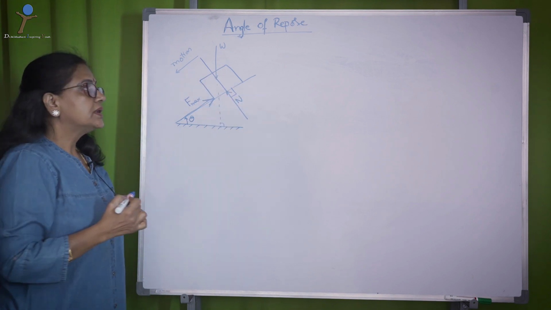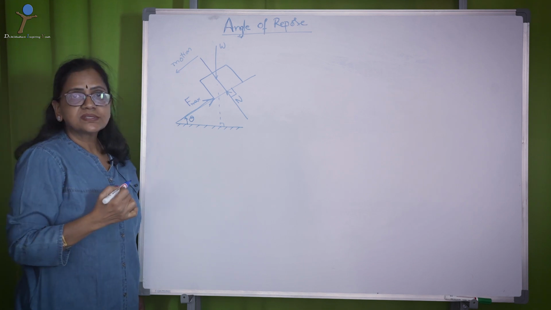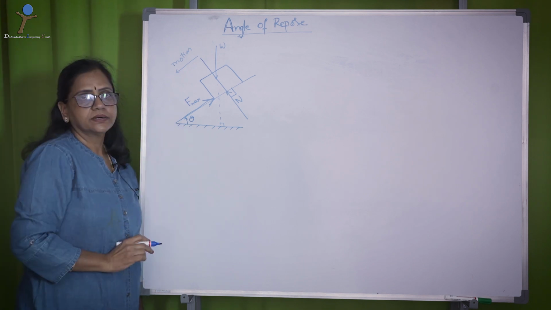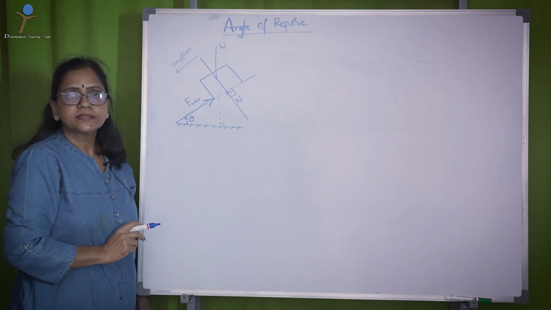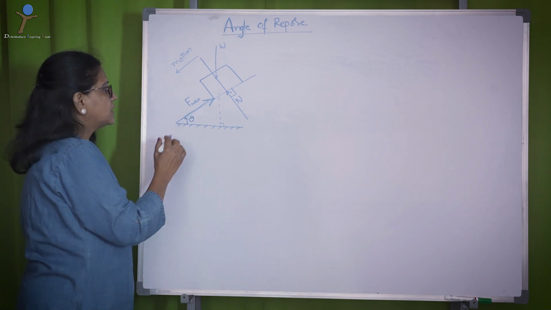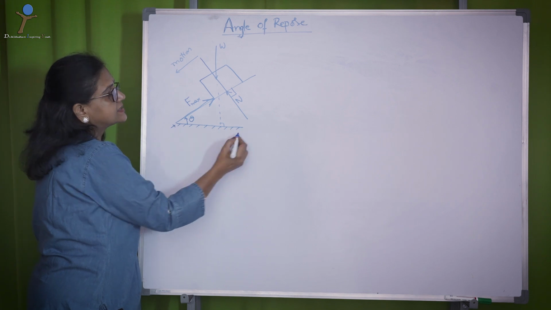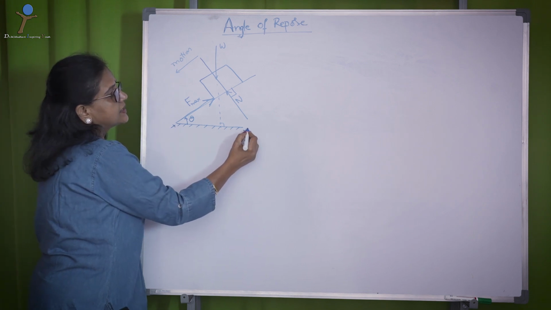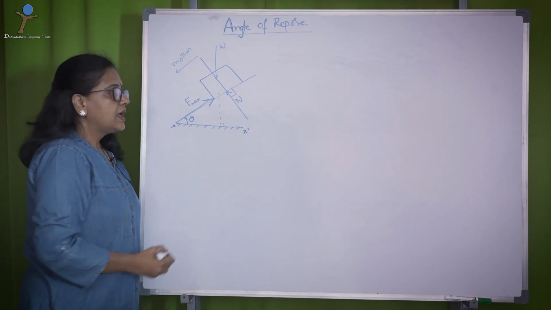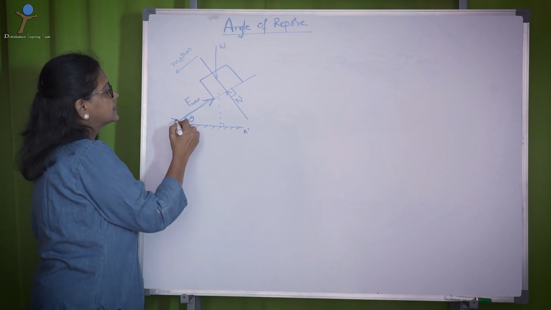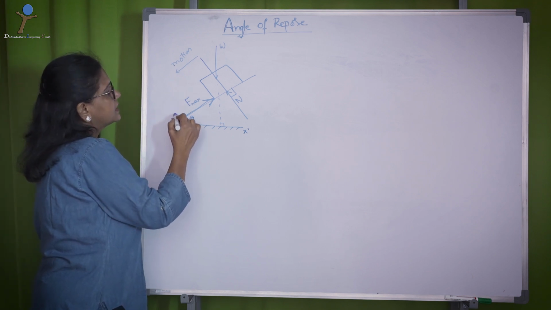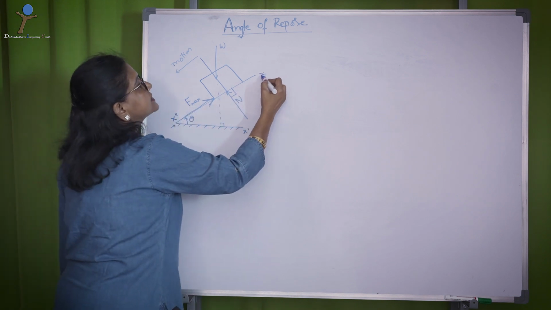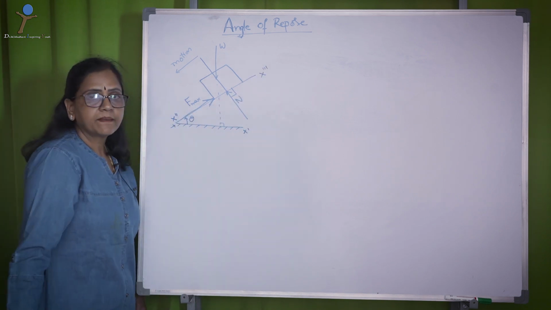Now, there are two surfaces shown in the figure. One is the ground surface, the other one is the inclined surface. Let me call the ground surface x dash and the inclined surface x double dash and x triple dash.